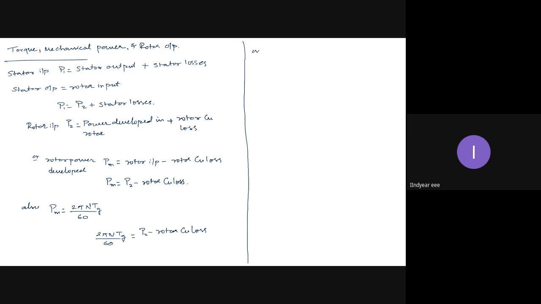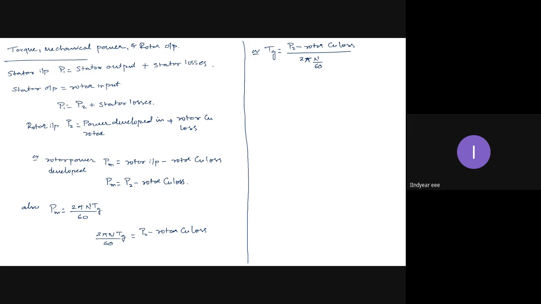Or gross torque developed Tg is equal to P2 minus rotor copper loss, divided by 2 pi n by 60.